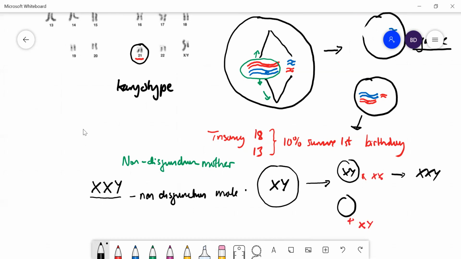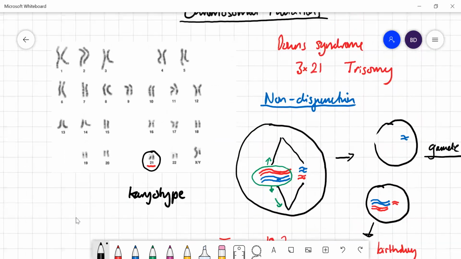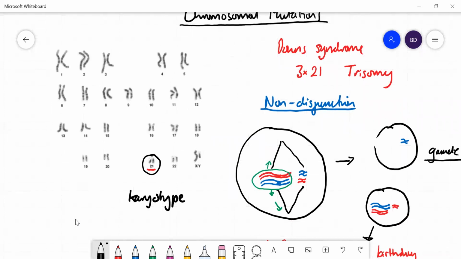Okay, so these are abnormalities of the karyotype, which are present in every cell of the body, and they result from something faulty going on in meiosis. Abnormal karyotypes are also seen in tumor cells.